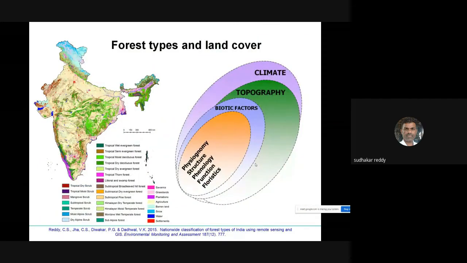So based on the data available from multi-source remote sensing and the field information, we have developed a map of the forest types of India. If you see here, this map clearly shows that in India, the tropical dry deciduous and the tropical moist deciduous are the predominant forest types and occupy more than 80% of the forest cover.